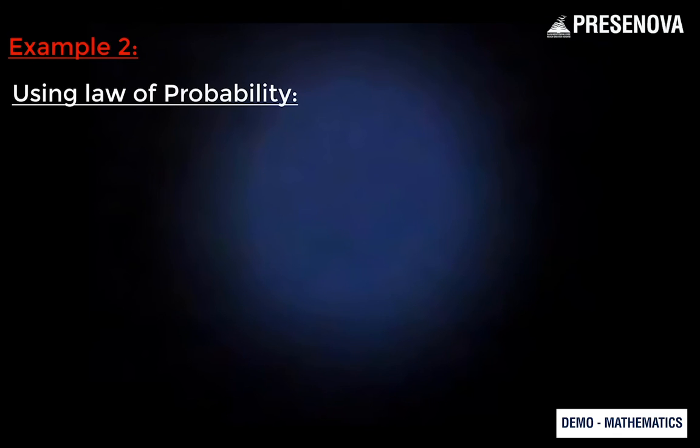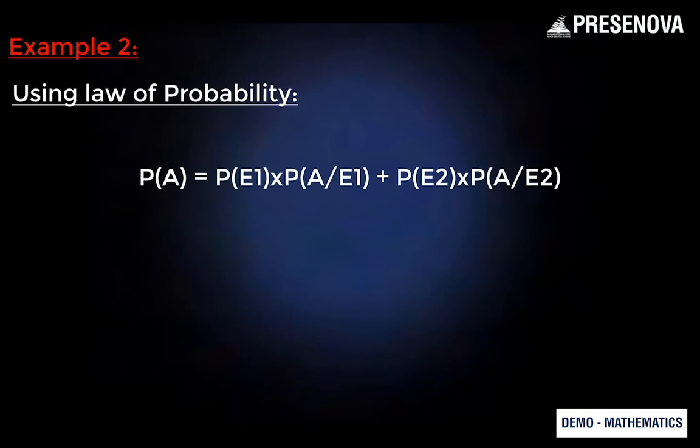Using the law of total probability, we obtain P of getting a white ball, that is, P of A, is equal to P of E1 into P of A given E1, plus P of E2 into P of A given E2.